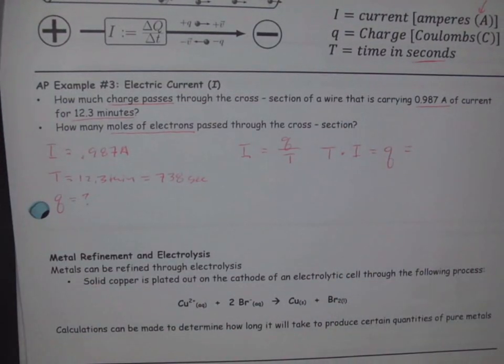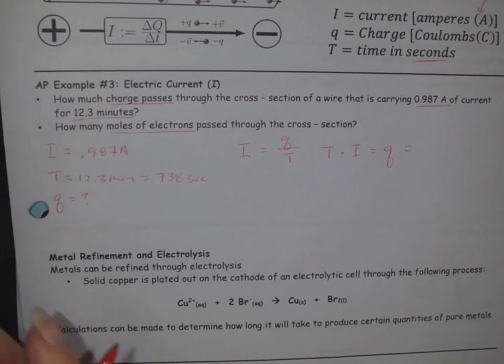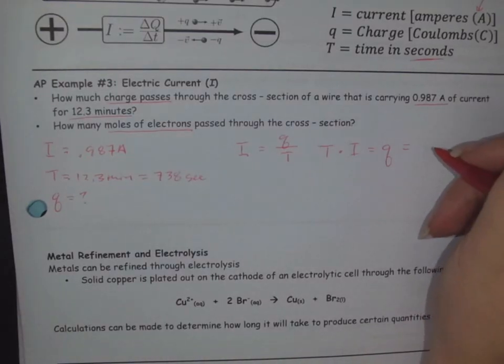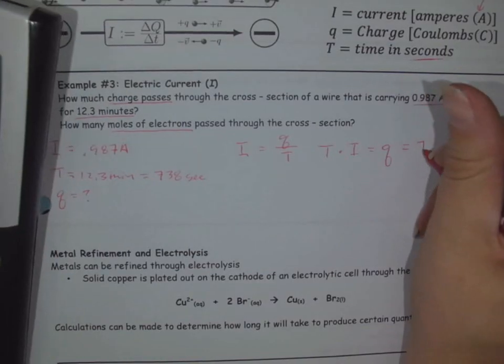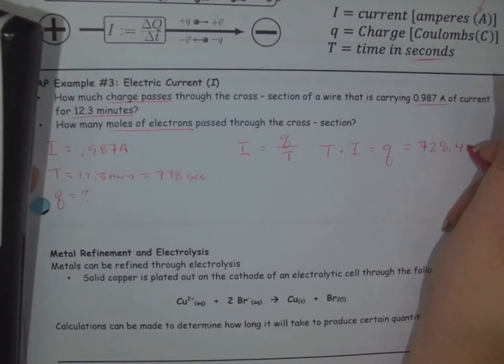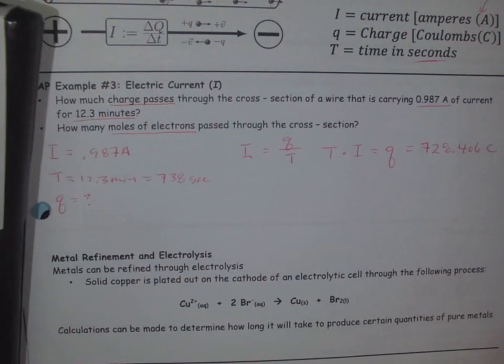So 738 seconds times 0.987 equals 728.406 coulombs of charge.